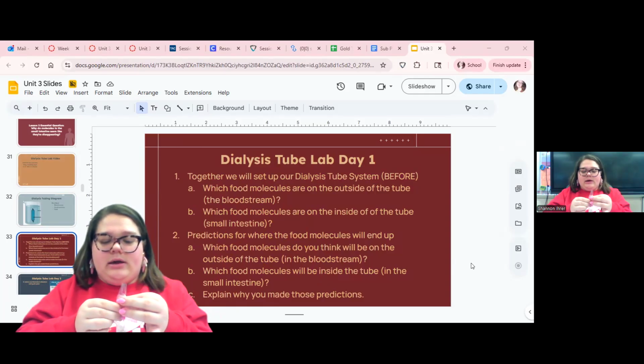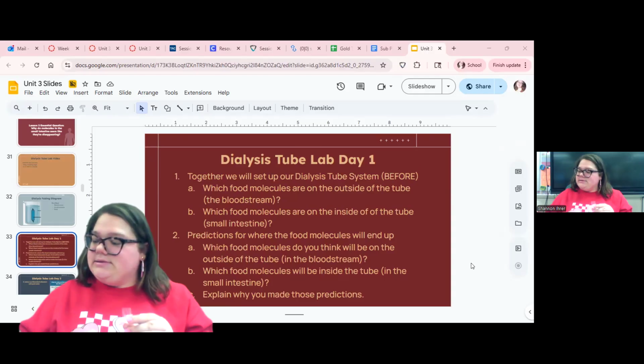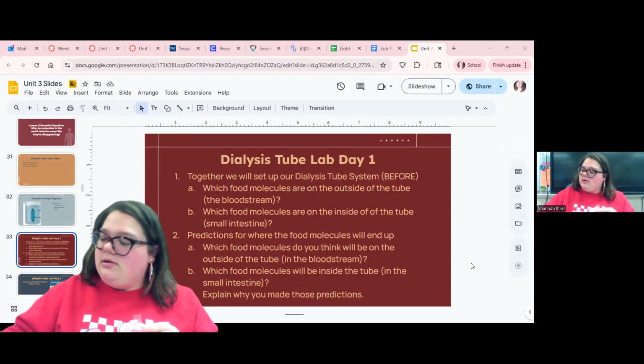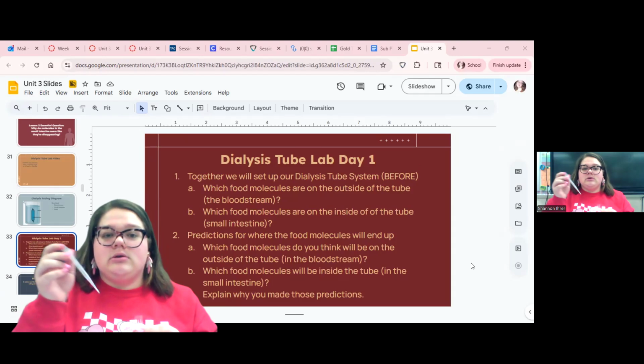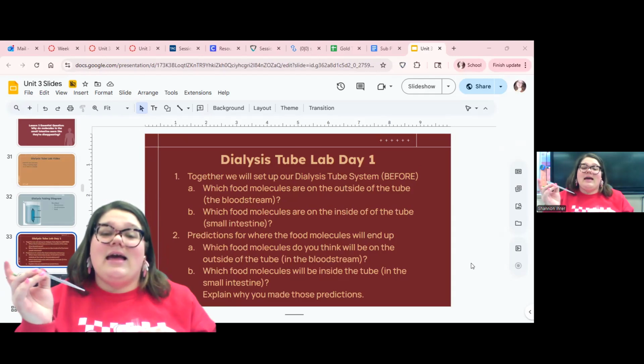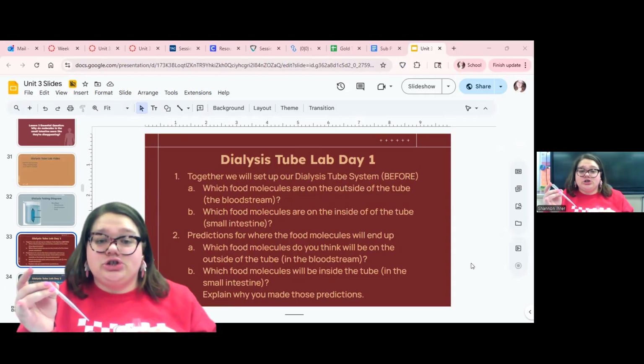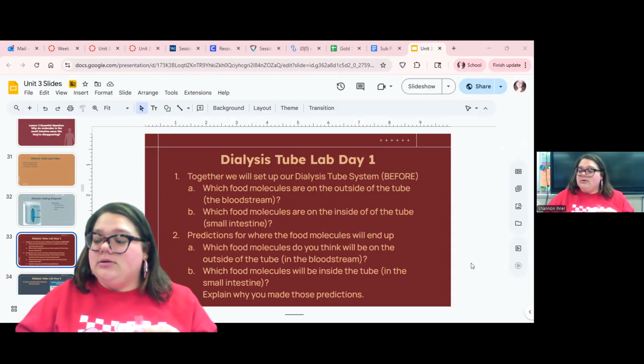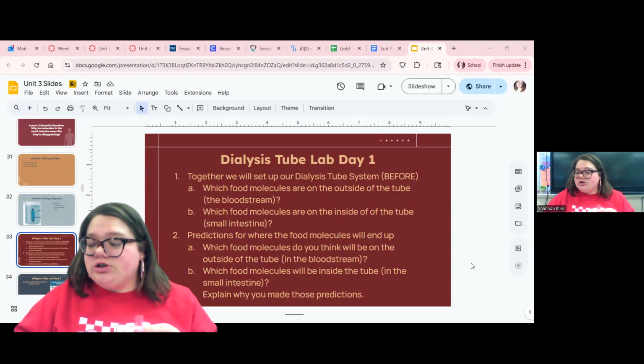Inside, we are going to use a dropper. Inside it is a mixture of water and some smaller sugar molecules.